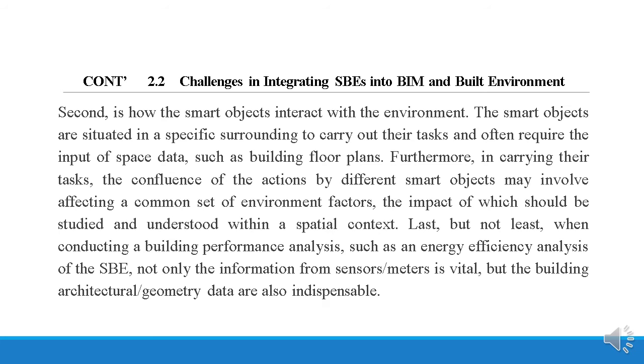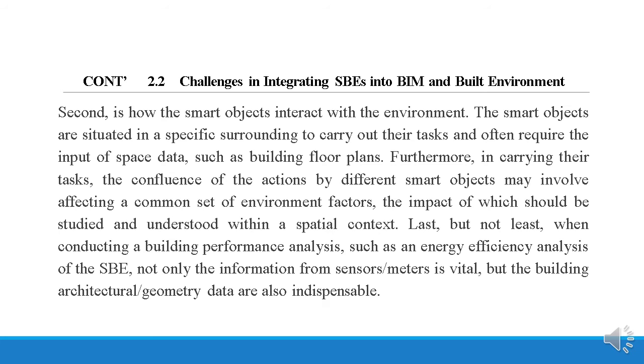Second is how the smart objects interact with the environment. The smart objects are situated in a specific surrounding to carry out their tasks and often require the input of space data, such as building floor plans. Furthermore, in carrying out their tasks, the confluence of the actions by different smart objects may involve affecting a common set of environment factors, the impact of which should be studied and understood within a spatial context.